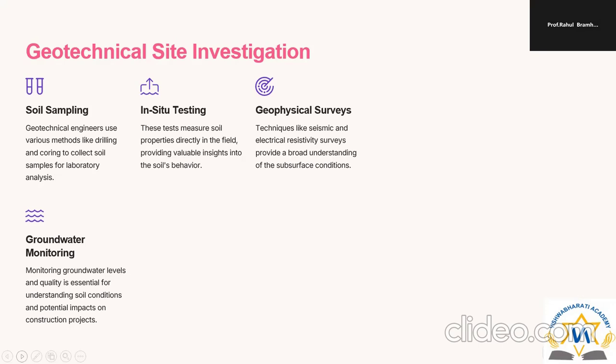For finding out the properties of soil, the first investigation used in geotechnical engineering is soil sampling. In soil sampling, geotechnical engineers use various methods like drilling and coring to collect soil samples for laboratory analysis.